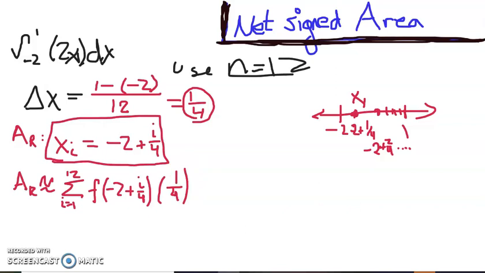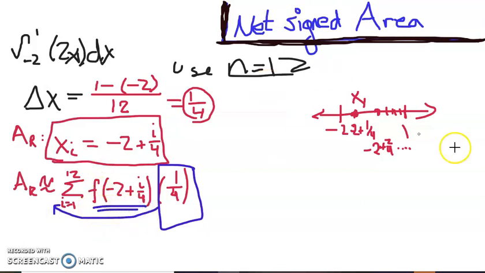Now this is a constant, so we can bring it out front, and then we have to plug this into the actual function itself, which is 2x. f of x here is 2x.